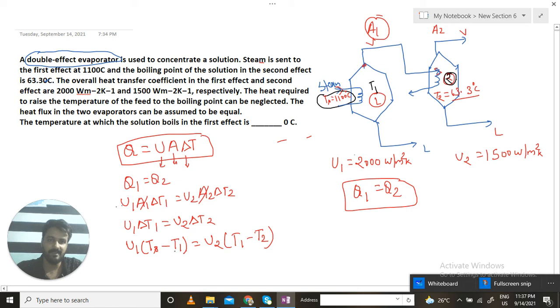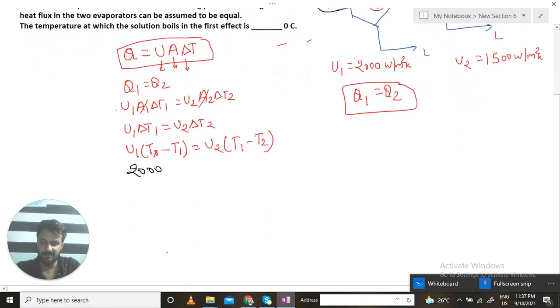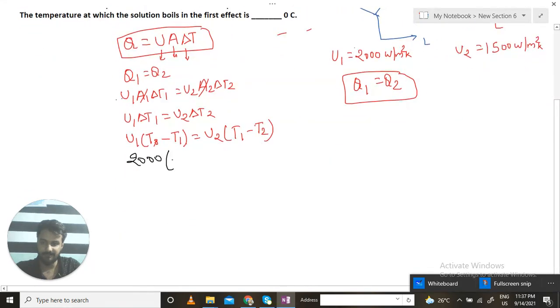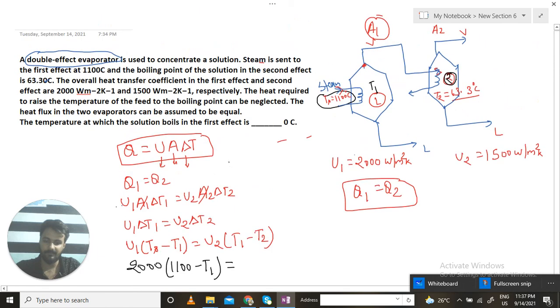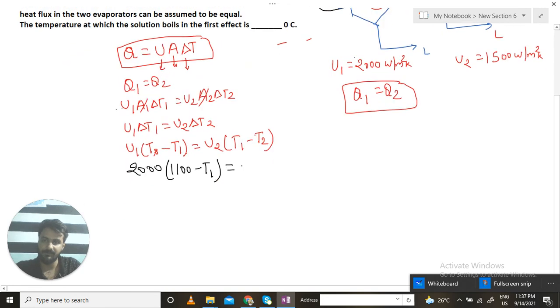So here U1 is given, that is equal to 2000. Okay, the units will cancel out. So here Ts is 1100 minus T1, that is equal to U2, which is 1500, times T1 minus 63.3.